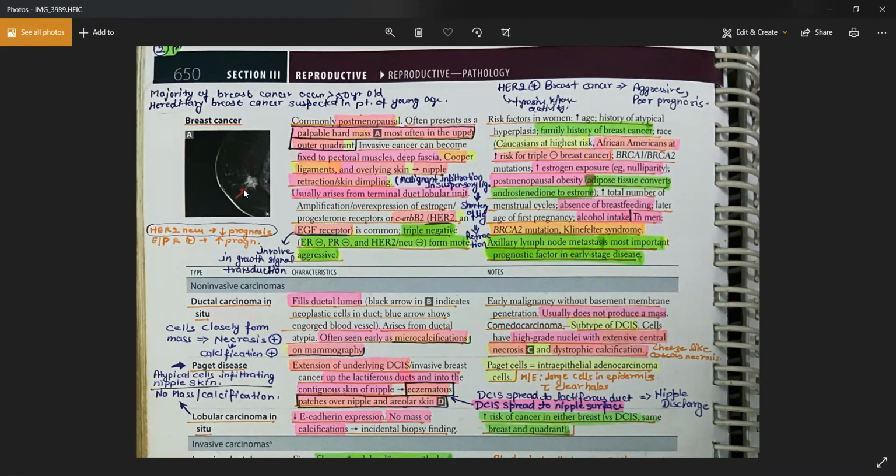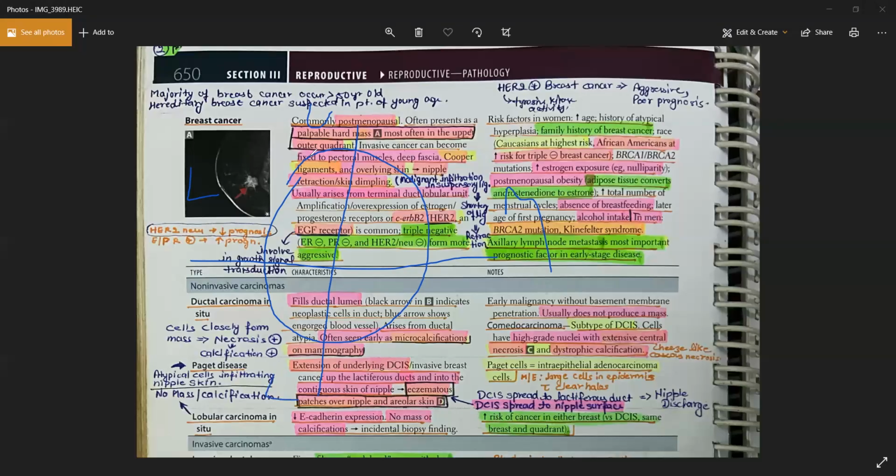Now, breast cancer will always appear as a palpable mass, and the most common location of this palpable mass is the outer upper quadrant of the breast. If this is the breast, you have 4 quadrants: this is the lateral side, this is the medial side, this is towards the head or upper side, and this is towards the toe or lower side.